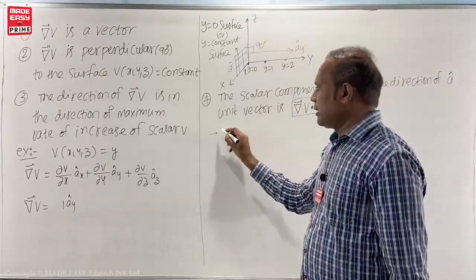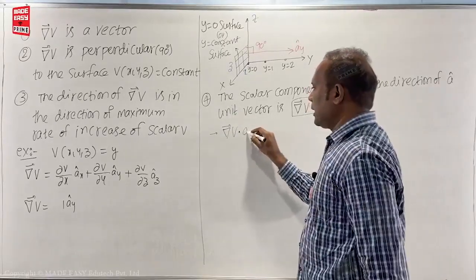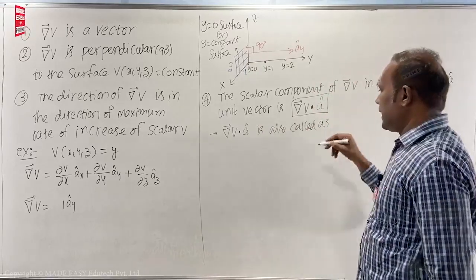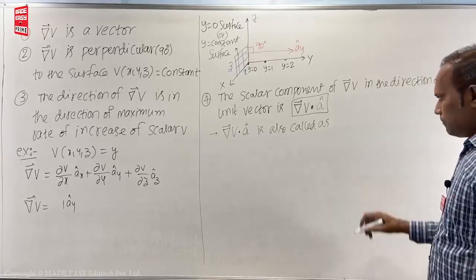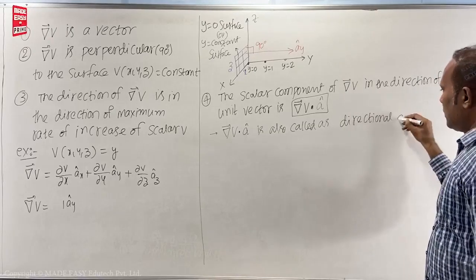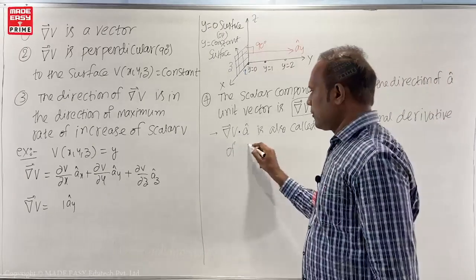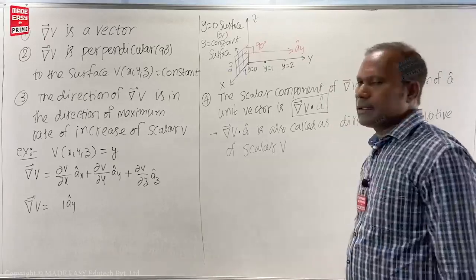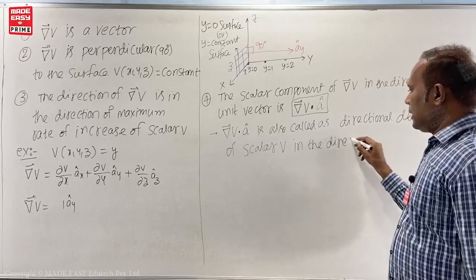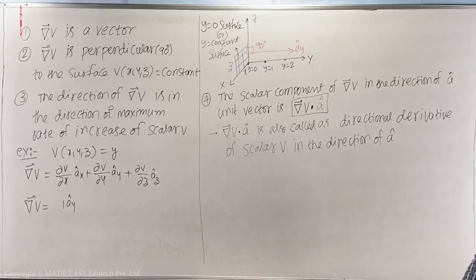So grad v dot a cap is also called the directional derivative of scalar v, in the direction of a cap, or otherwise along a cap you can write.